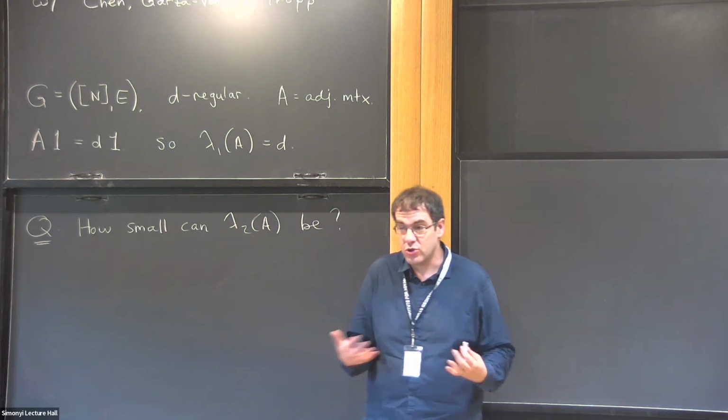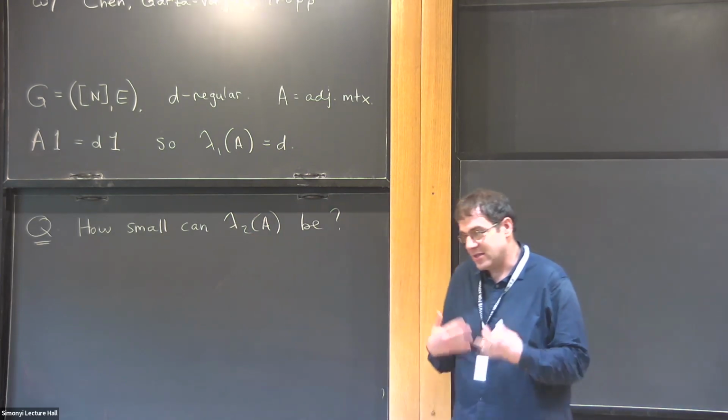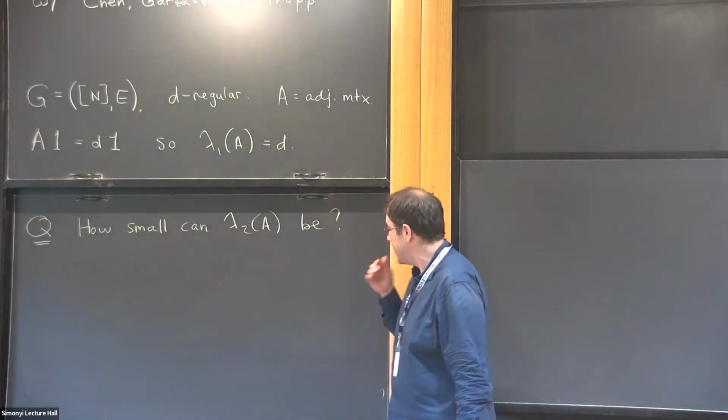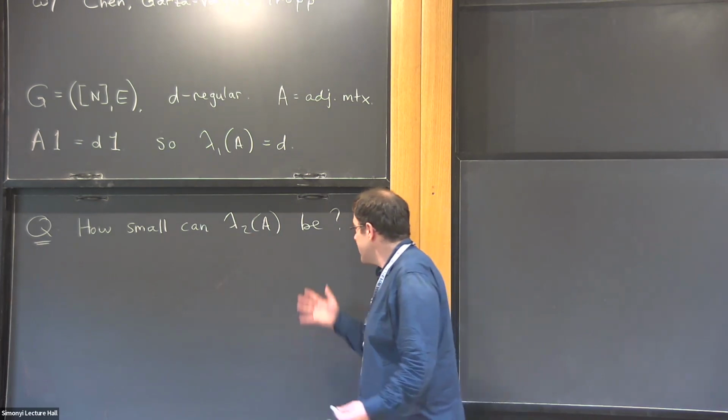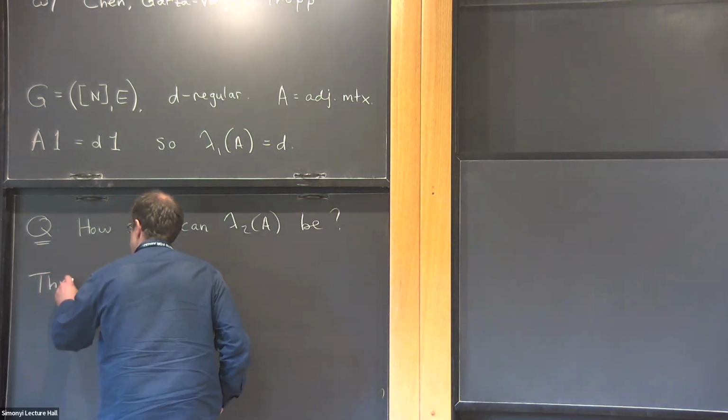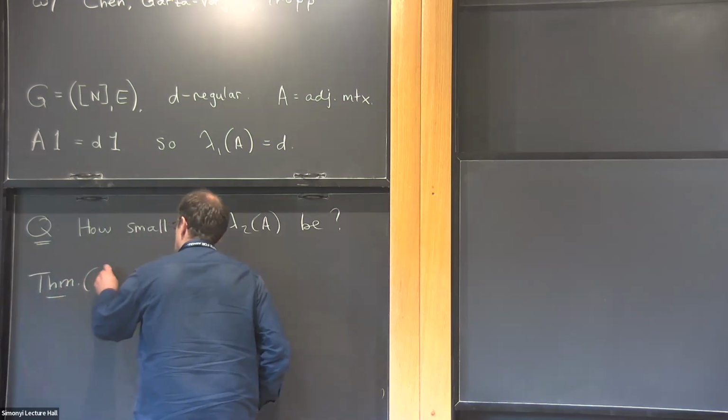And this leads us to the notion of optimal expanders, and this is something of huge importance in many different areas of mathematics, theoretical computer science, and others. So it's a basic question, and the answer was given many years ago in the 1980s by Alon and Boppana.